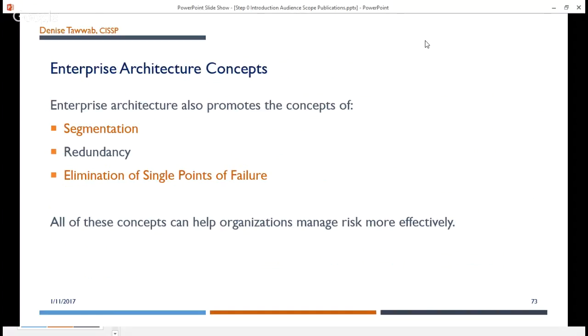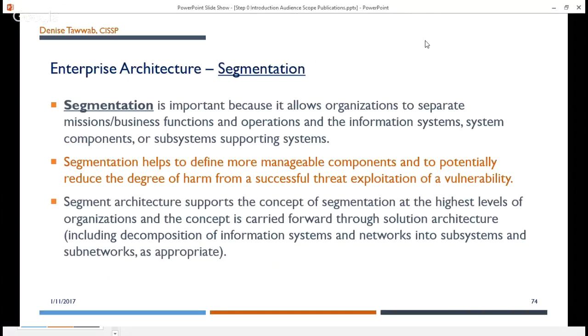Some enterprise architecture concepts: segmentation, redundancy, and elimination of single points of failure. And all of these concepts can help organizations manage risk more effectively. Segmentation is important because it allows the business to separate business functions and operations and the information systems, system components, or subsystems supporting those systems.